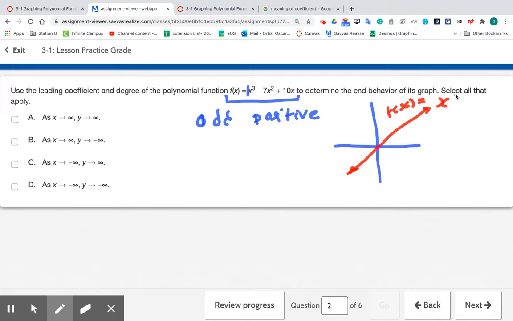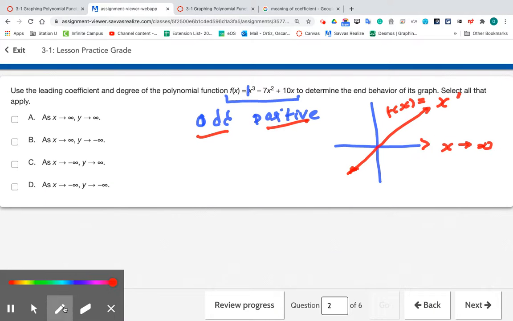Because here the degree is odd also, and it is positive coefficient, so we know that it's going to behave like this. And that means that when I move to the right, so as x increases without limit, I can see the function goes up. So y increases without limit.